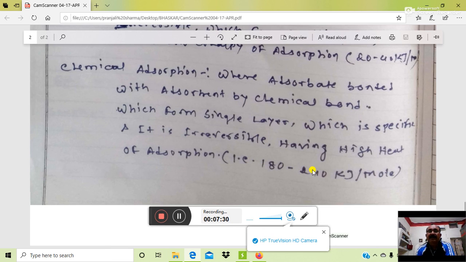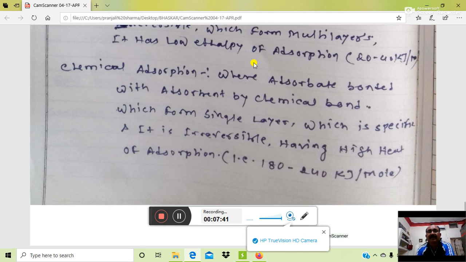Therefore, it is stable with respect to physical adsorption. In physical adsorption, generally they are unstable. If you raise the temperature, then the adsorbate is easily removed from the adsorbent, but in chemical adsorption it cannot be removed easily. Therefore, it is stable because they are bonded with a strong attractive chemical bond.